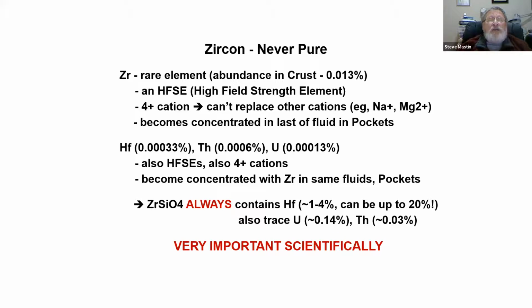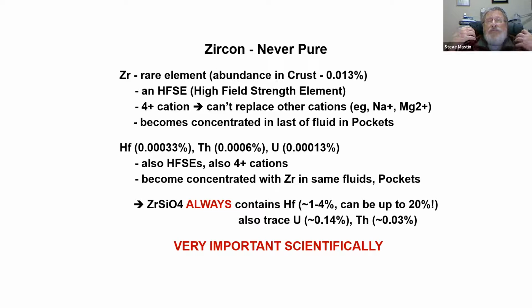Well, it turns out that the other elements in the zircon group, hafnium, thorium, and uranium in particular, are also HFSEs, and they also have these high charge cations. And so they become concentrated along with zirconium in those same fluids.